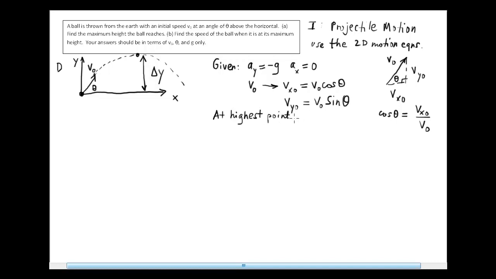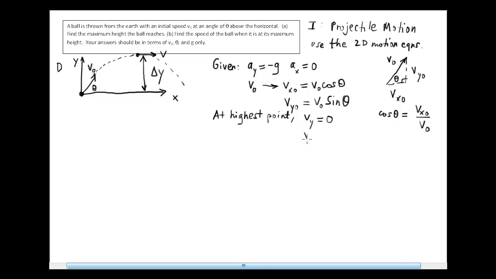Because at the highest point, if I draw in the vector that would indicate the velocity at that point, we know that it's moving for just an instant horizontally. And v is the symbol we would use for that final speed. It's moving horizontally, so what do I know about the y component? The y component is 0, right? So that means vy at the top is equal to 0.